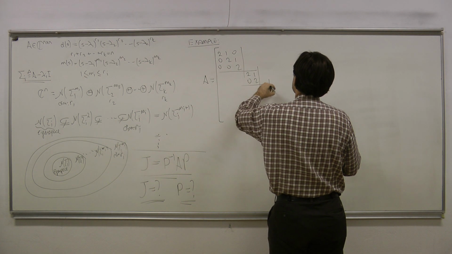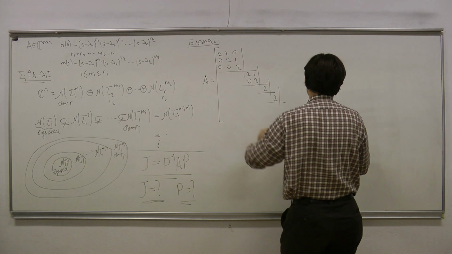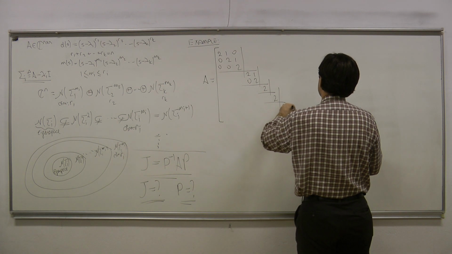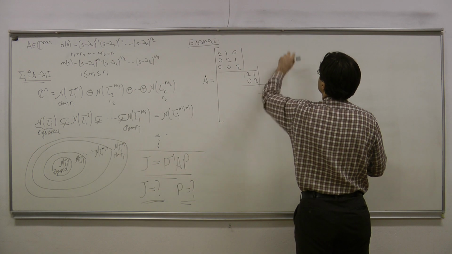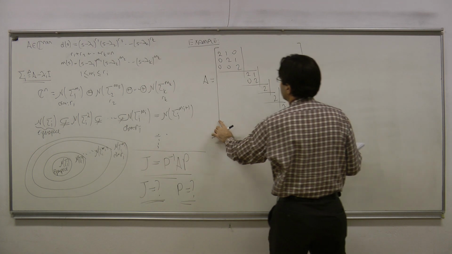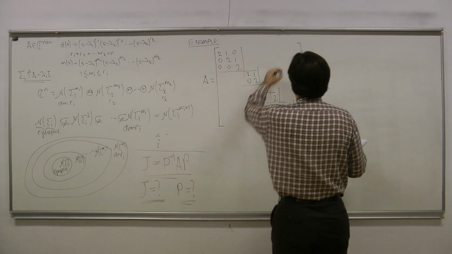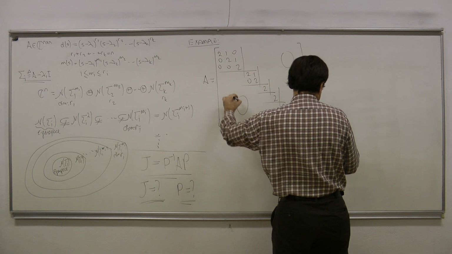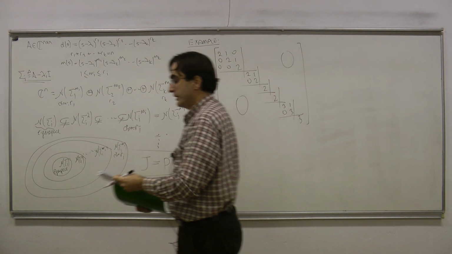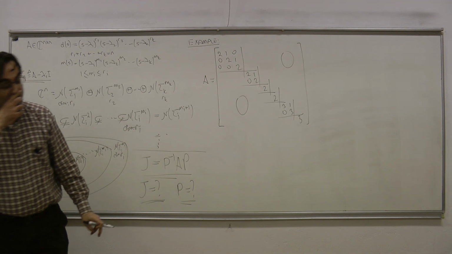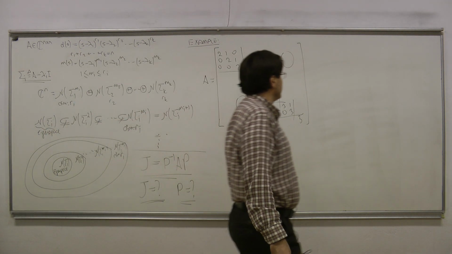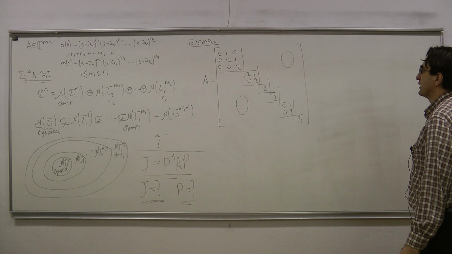And I would have 2, 2. And I would have 3 eigenvalues at 3. Okay? So this is my 10 by 10 matrix. And this matrix is in Jordan canonical form. Okay? And now we are going to be asking some questions about this matrix.